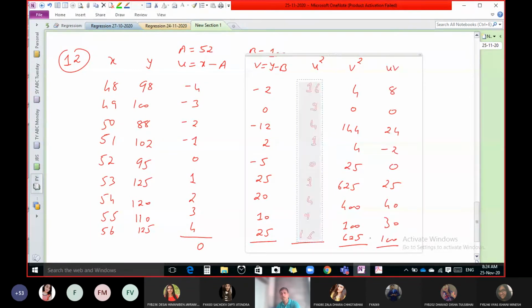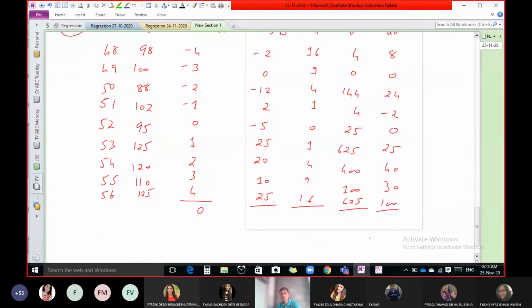What is the total of v? 63. Then sigma u square is 60. Then sigma v square is 1927.